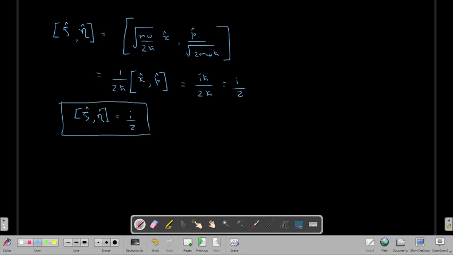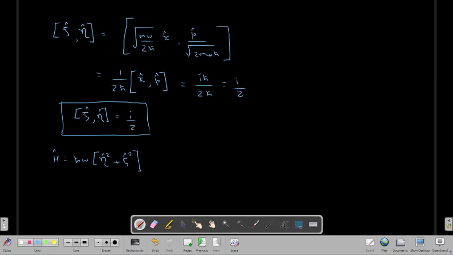So as we know that Hamiltonian H is equal to h cross omega into xi square plus eta square.